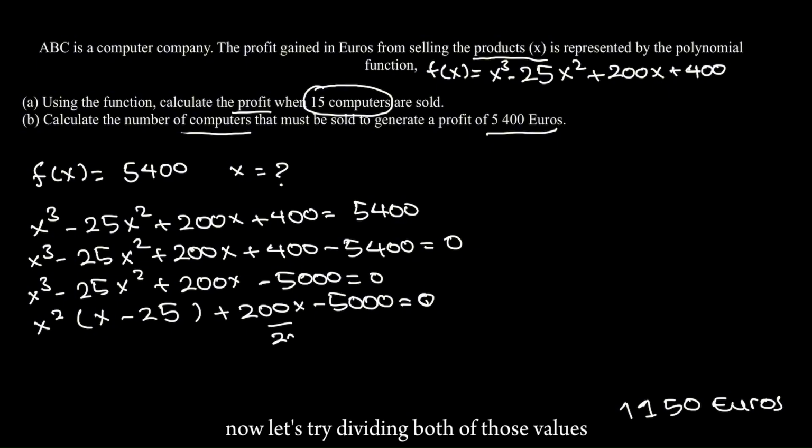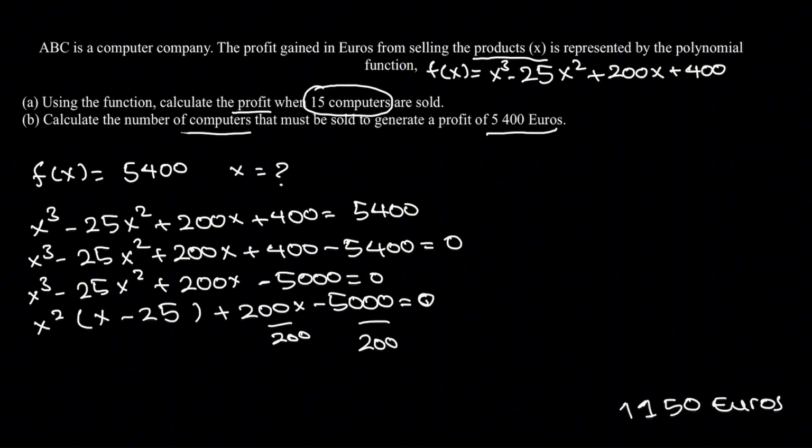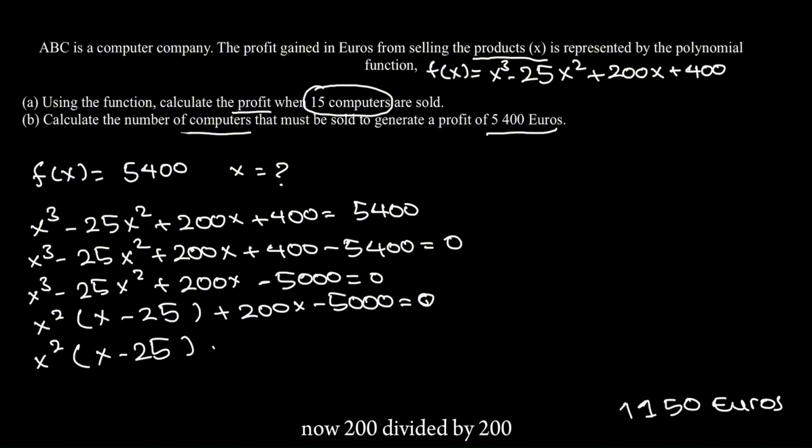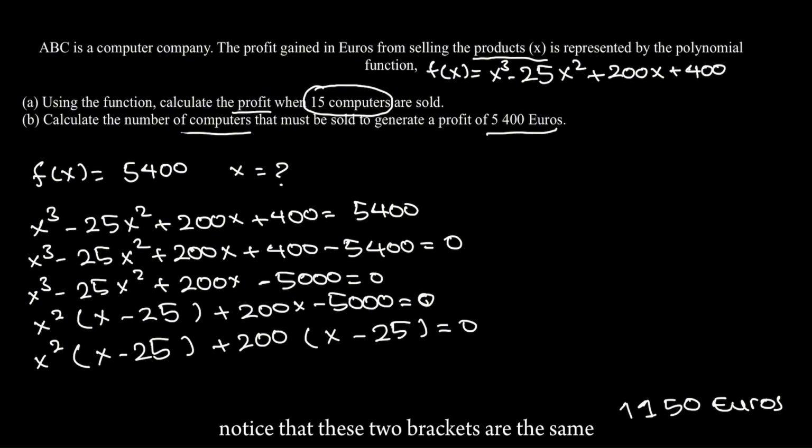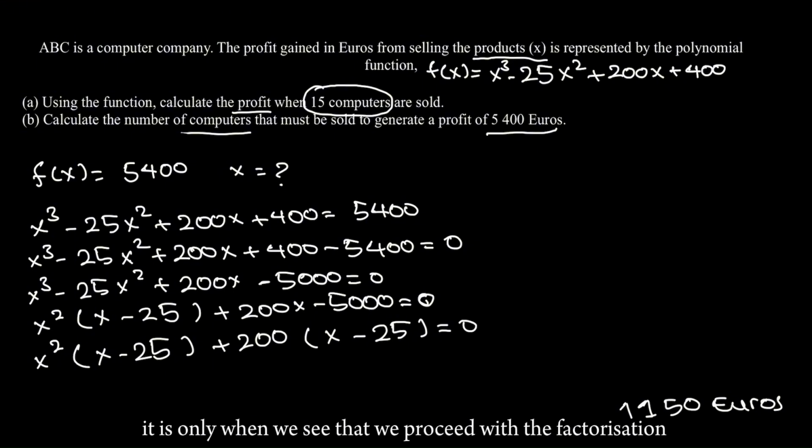Now let's try dividing both of those values by 200. Now 200 divided by 200 is 1, and negative 5,000 divided by 200 is negative 25. Notice that these two brackets are the same. It is only when we see that we proceed with a factorization.